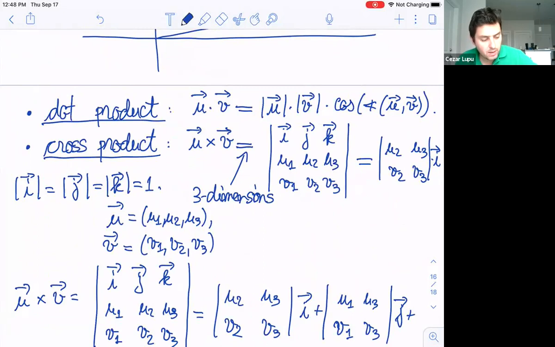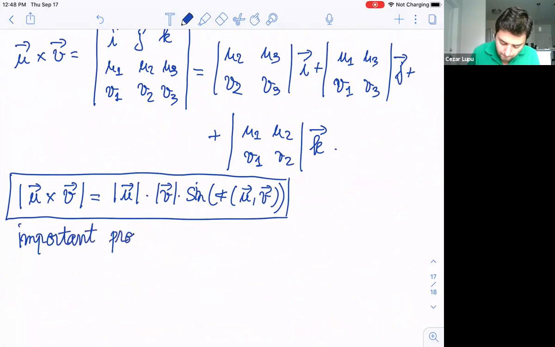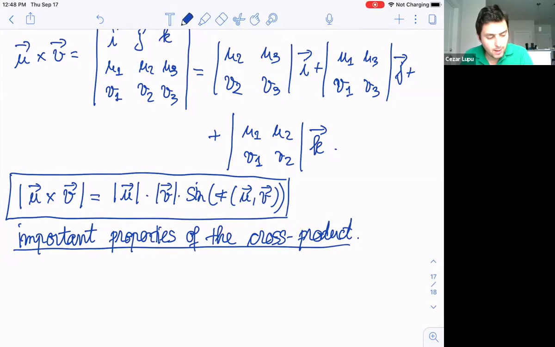The only thing I would say is for the cross product. So, important properties of the cross product that I would like to remind you of, and I don't think these are done in any Calc 3. For example, for the dot product, we know that it is commutative.